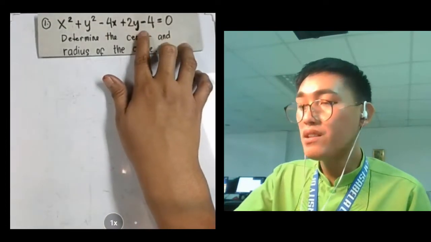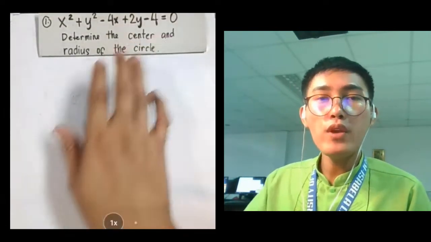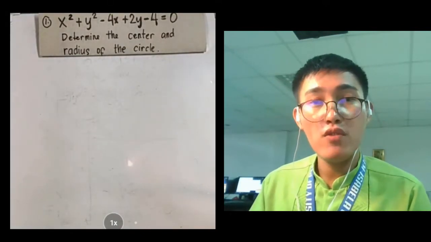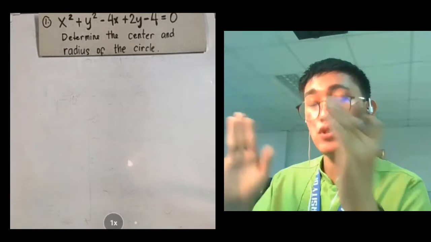But the constant here is negative 4. How are we going to eliminate negative 4? We will just apply the addition property of equality to move it from the left to the right.